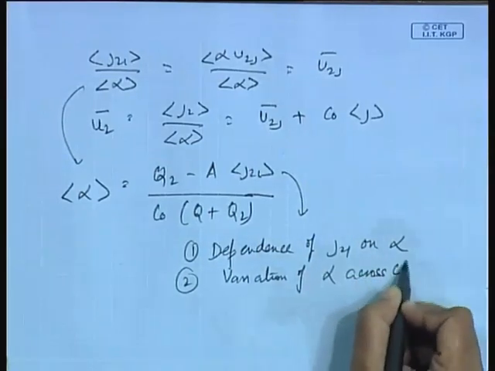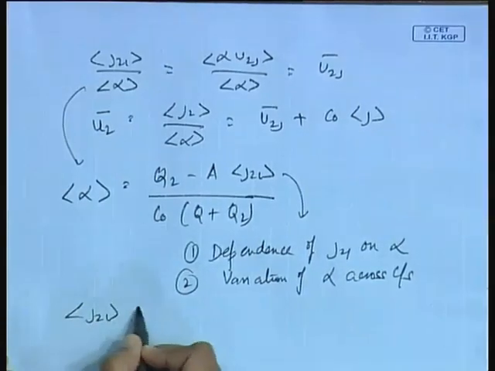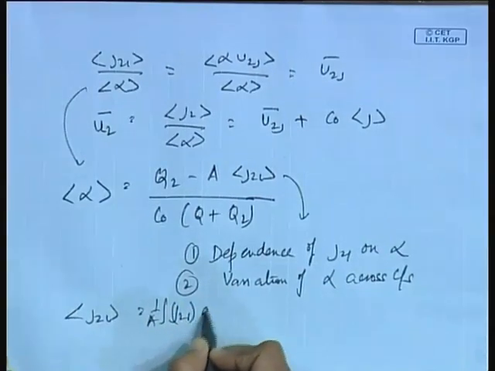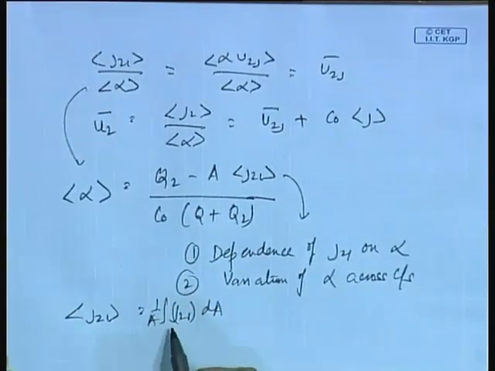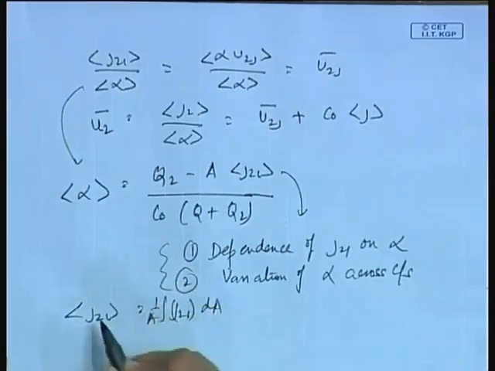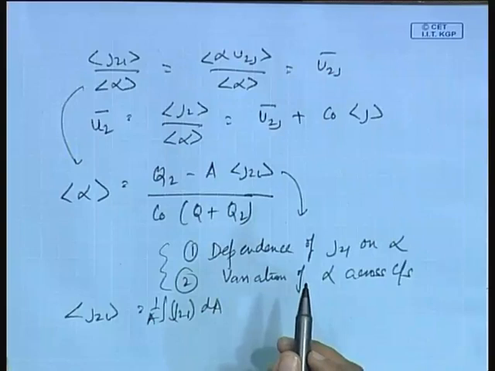If you know these two things, then because this J21 is nothing but 1 by A integral of J21 dA, you have to find out two things: how J21 depends upon alpha, and how alpha varies across the cross section. If these two data are known, your J21 can be easily found out.